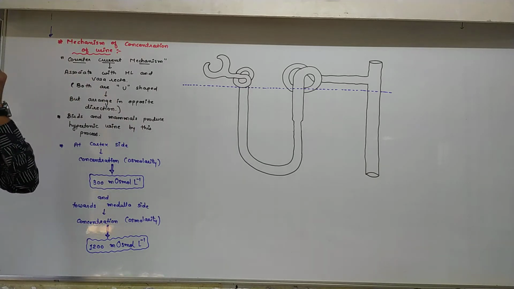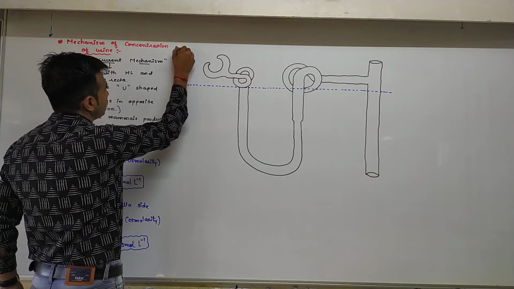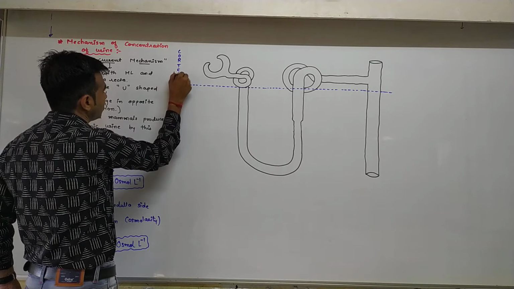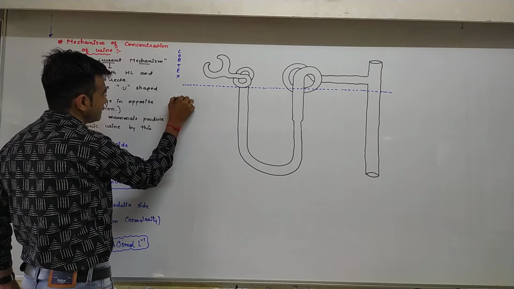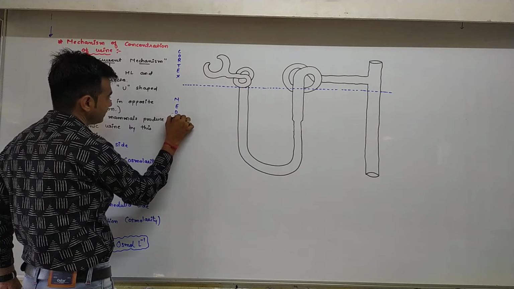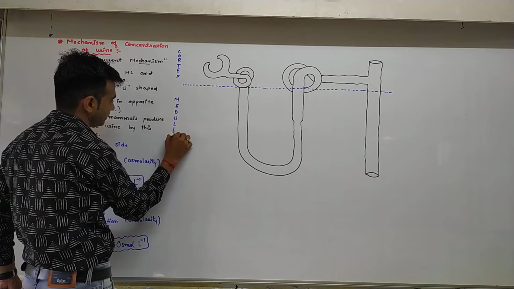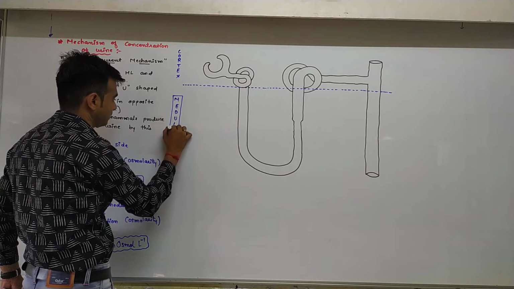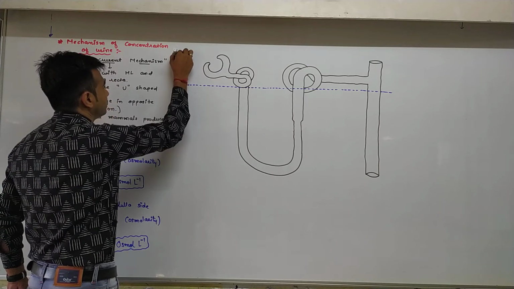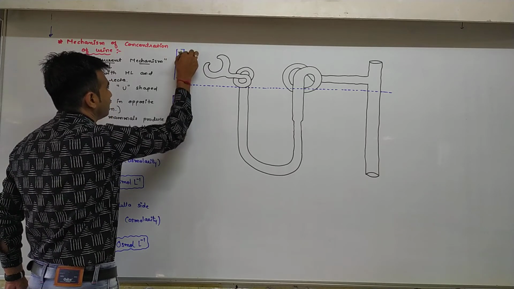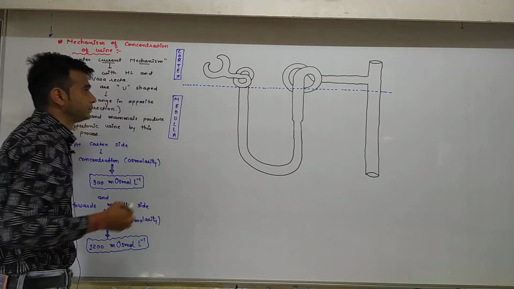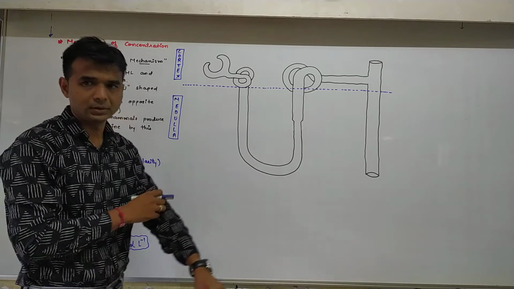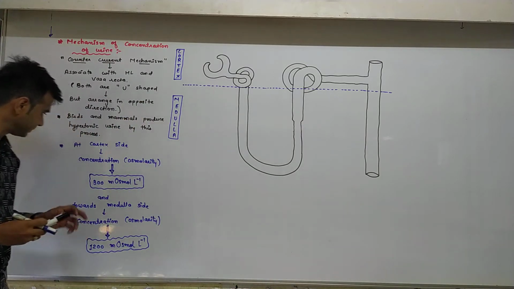Just above the dotted line, the cortex part is there, and this region is the medulla.